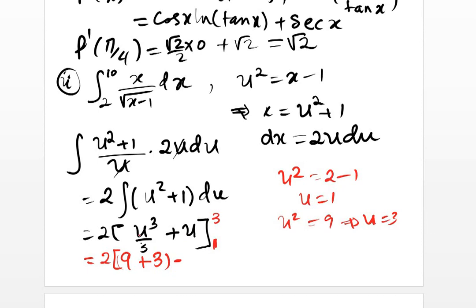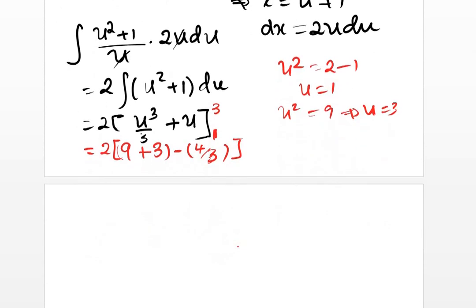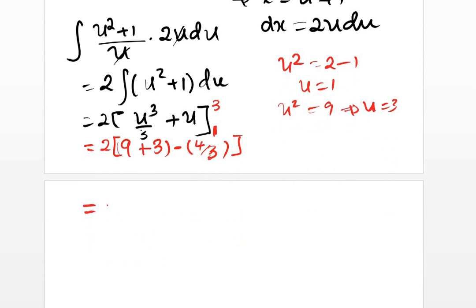Then when you substitute 1 here, we have 1 over 3 plus 1, that is 4 over 3. So solving that gives us 2 times 12 minus 4 over 3.